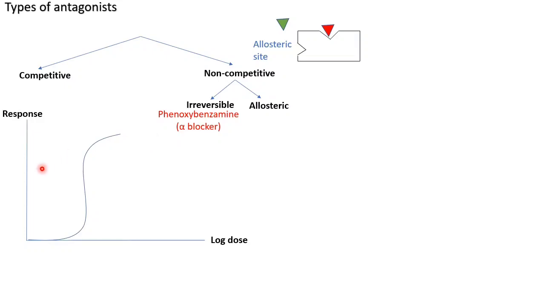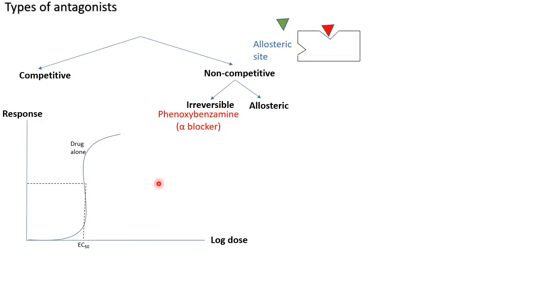What was the dose at which we reach half the Emax? This is called EC50. Okay, now this is our drug which is an agonist alone.